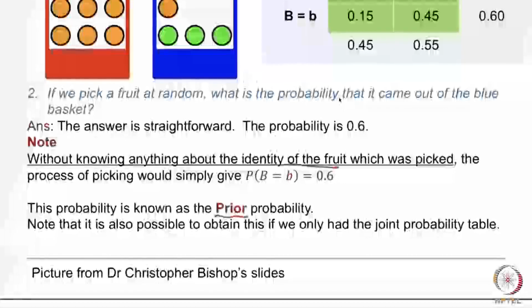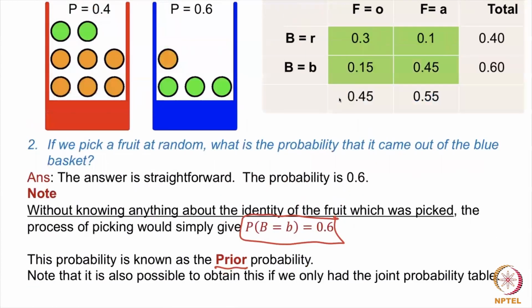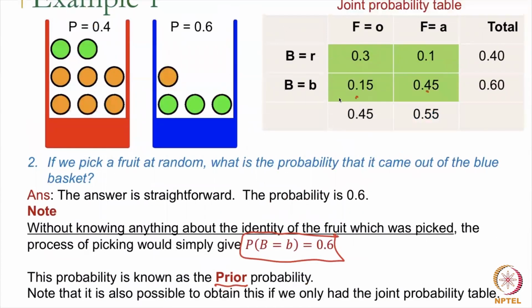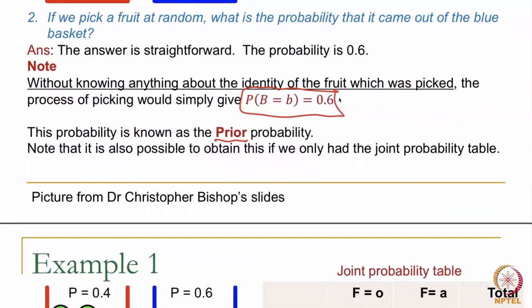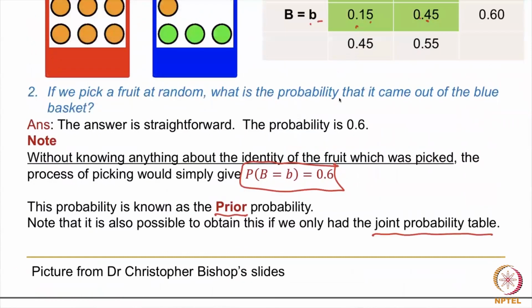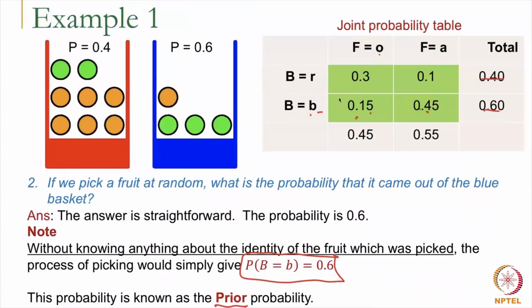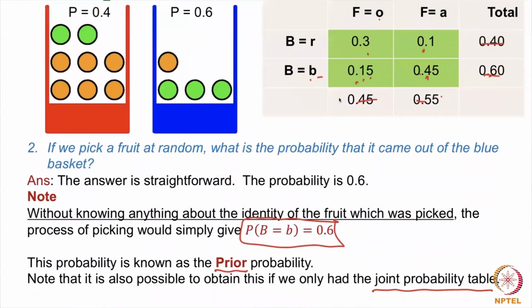Now, this probability also could have been obtained, as we just saw, by just summing these up. Okay, so P of B equal to B, comma F equal to O, and then summing up via marginalization is also something that you may get as 0.6. Okay, so just purely through the joint probability table without these numbers given also, you can actually calculate these numbers back by summing these up.